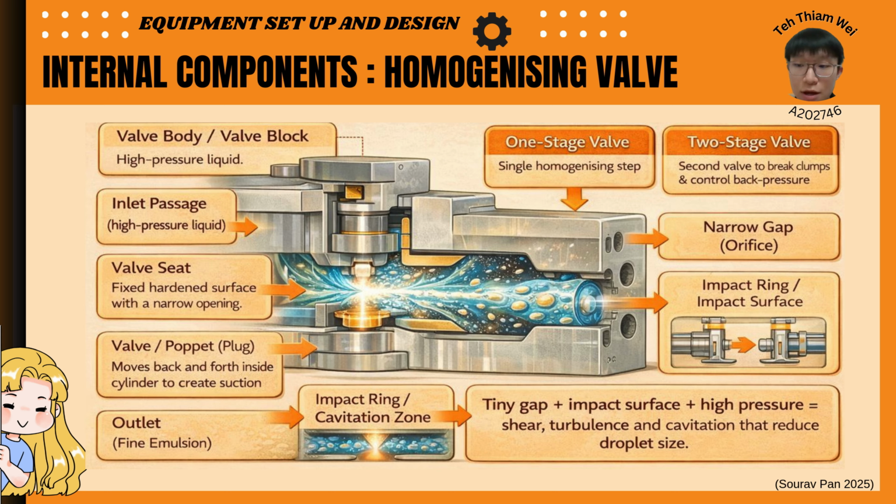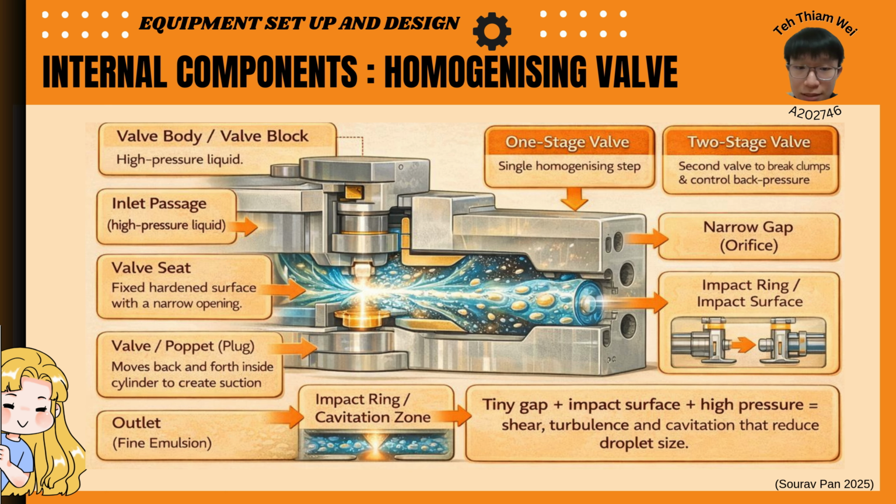The final emulsion flows through the outlet passage and experiences high pressure in the cavitation zone. The tiny gap, impact surface, and cavitation activity work together to create shear, turbulence, and cavitation so that the droplet size is minimized.